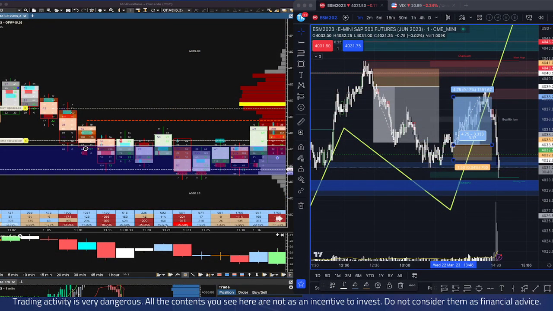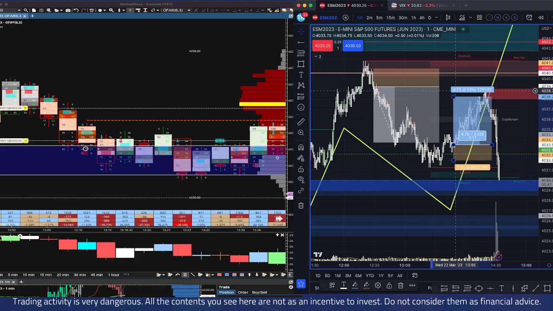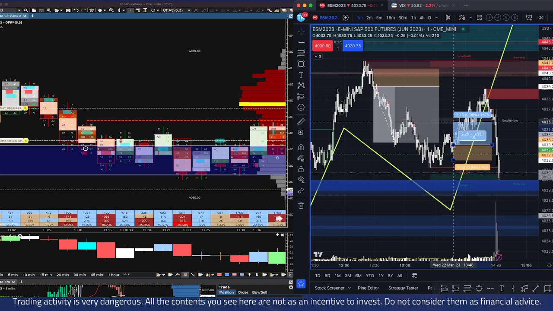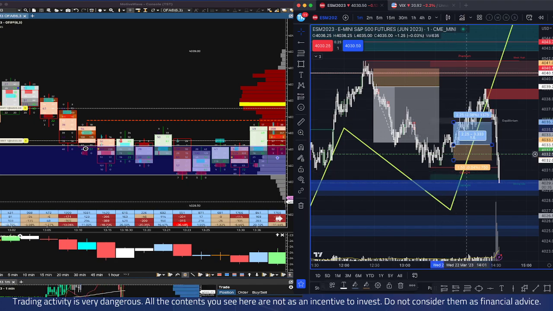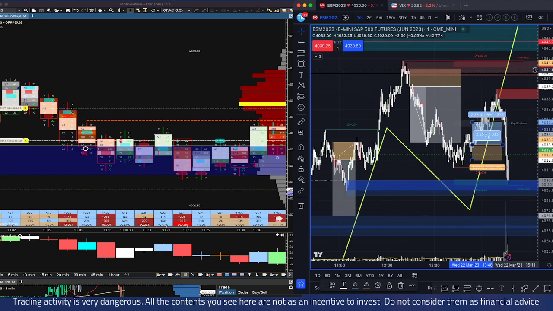So what about this trade on the left side? We are on TradingView. This is originally the trade that I wanted to make, and this one is the trade that I actually closed. What about the context first?